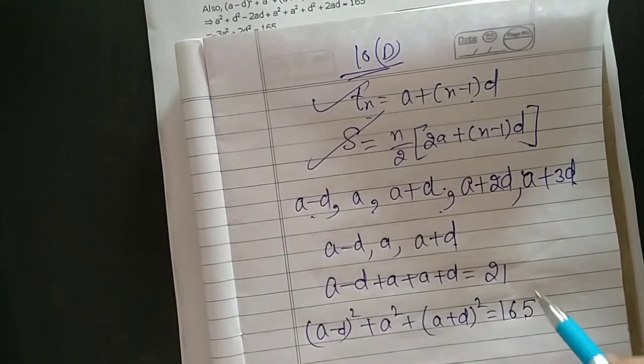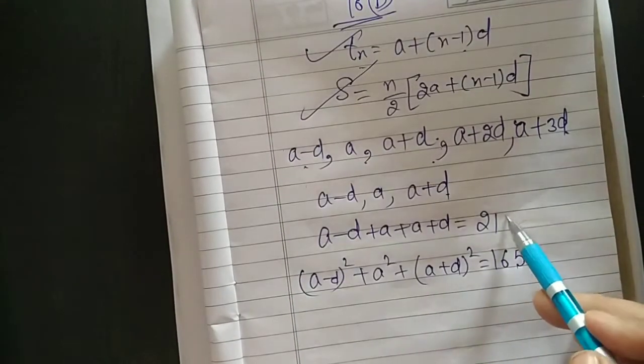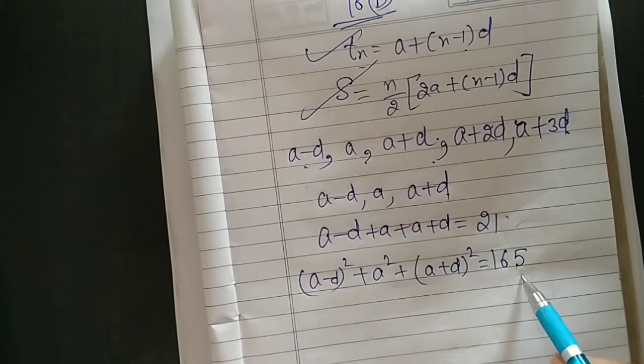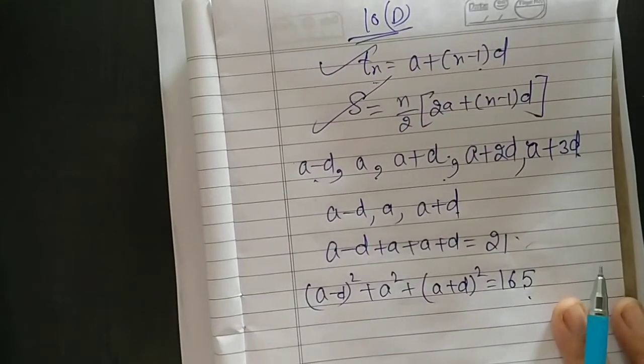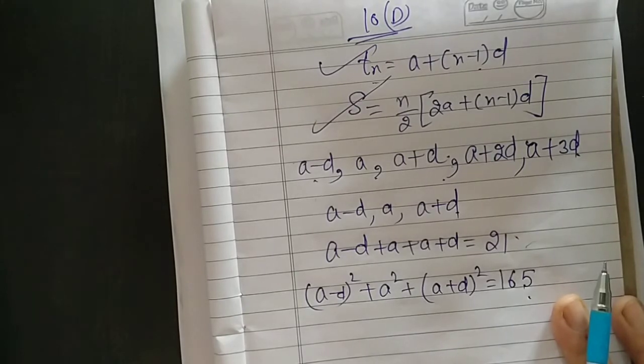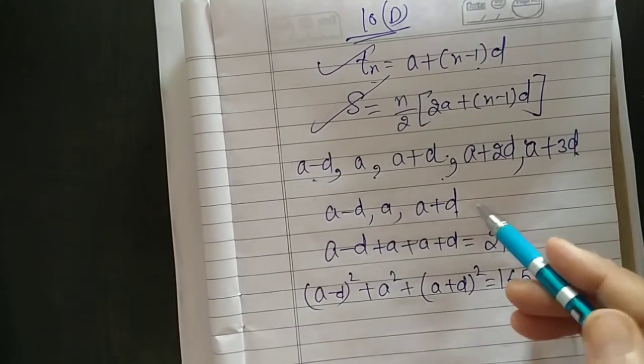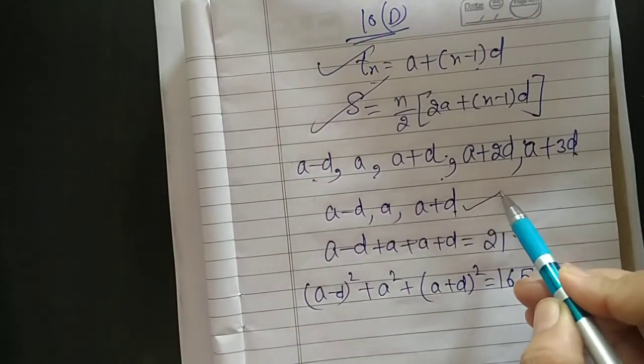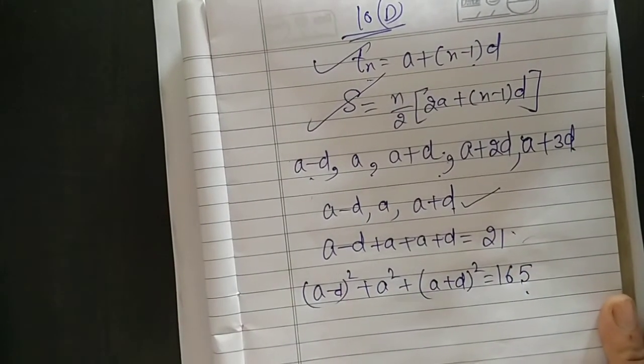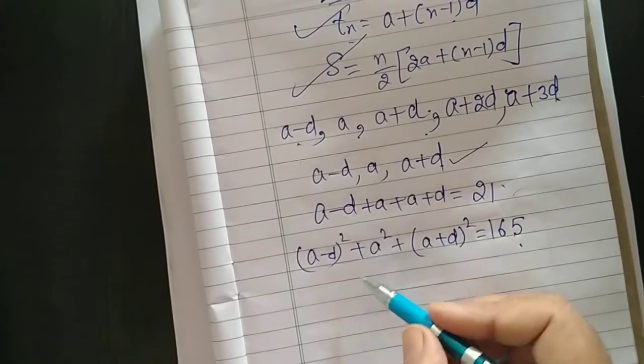So here we will get two equations, one from here, one from this side. So we will get the value of a and d. Then after getting the values of a and d, we will put them here. Then we will get the terms. How will we get them? Let us solve it.